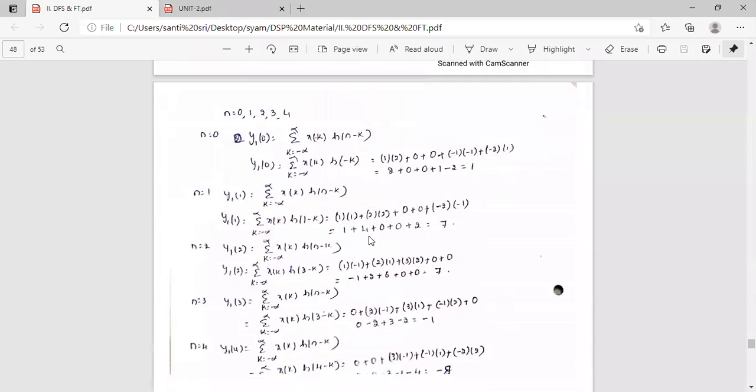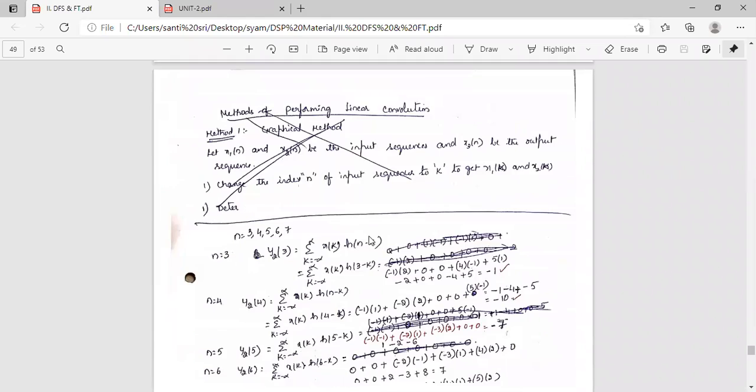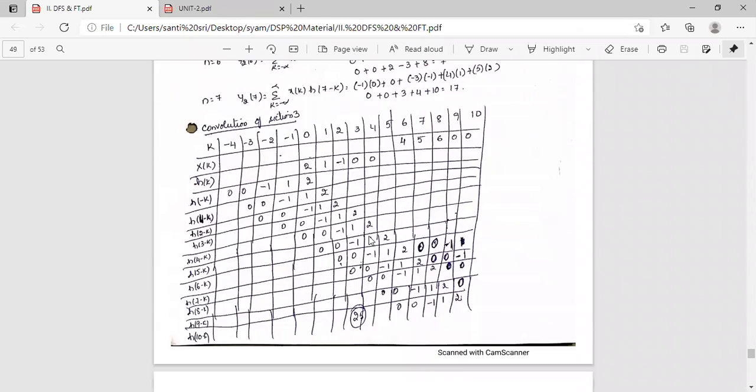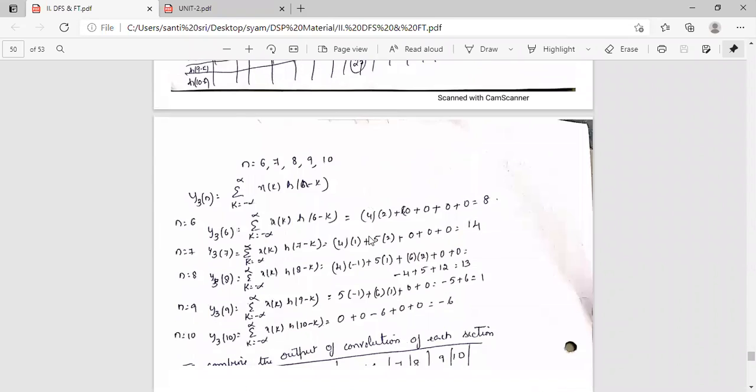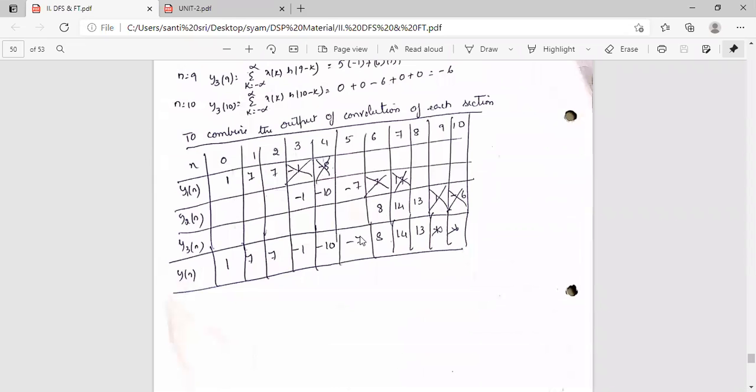So finally, after doing the convolution of all 3 sections and then combining all these, 2 sections' values will be cancelled. Okay. So it is 1, 7, 7, here minus 1, minus 10, minus 7, 8, 14, 13, and these 2 will be cancelled. Okay.